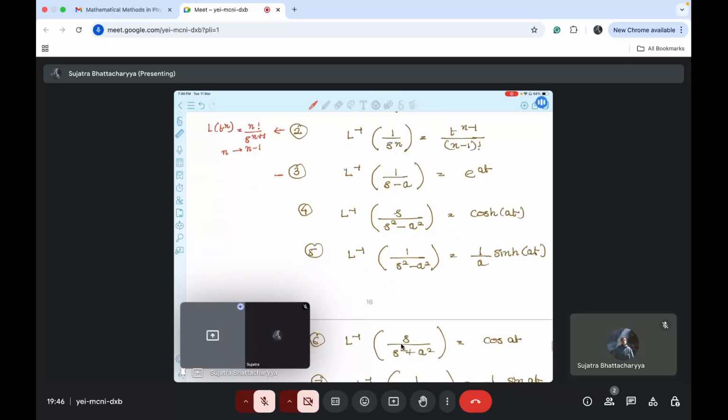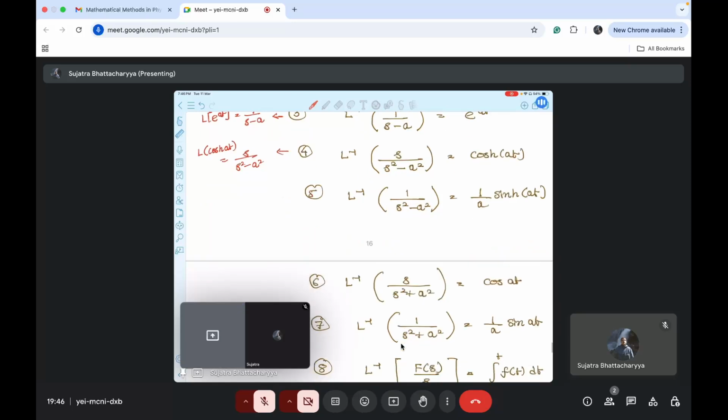Next, the third one is coming from what? Laplace transform is easy. e to the power at comes out to be 1 upon s minus a. The fourth, this is simple. Cos hyperbolic at gives you s upon s square minus a square. This is also Laplace transform of sine hyperbolic at is a upon s square minus a square.